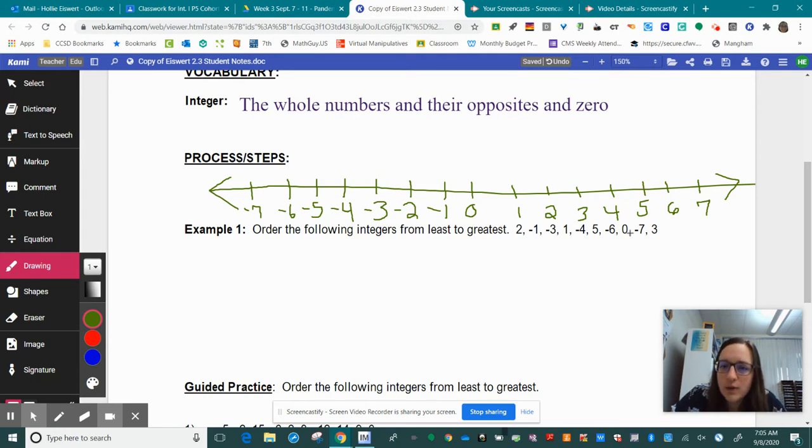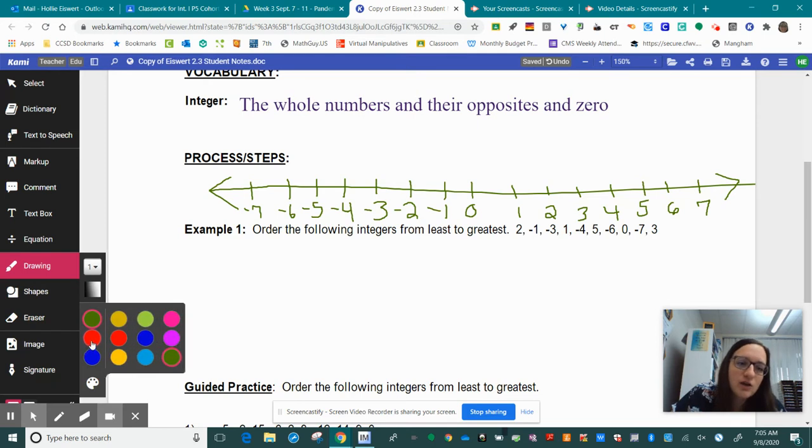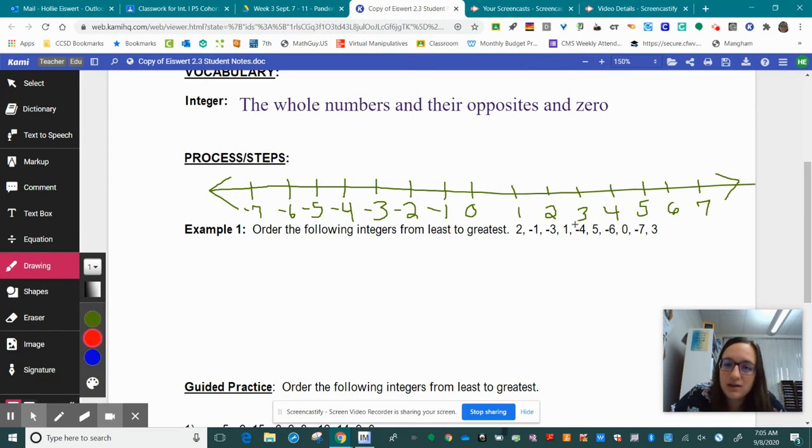Looking at these numbers, we want to find which of these numbers is furthest to the left. Furthest to the left on this number line, because these are the smaller numbers over here. So these are the least numbers or the smaller numbers over here. And over here are the bigger numbers, or the greatest numbers of all.